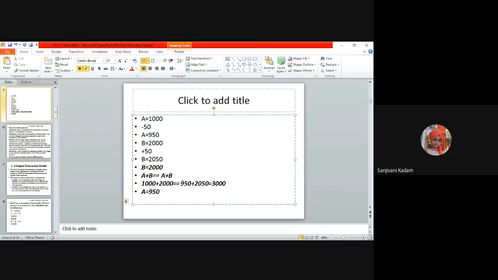If we have a problem at this stage and the transaction ends at this position, then B's value is still 2000. So my database will not be in a consistent state, this is an incorrect value, and here we are at a loss of 50 rupees.